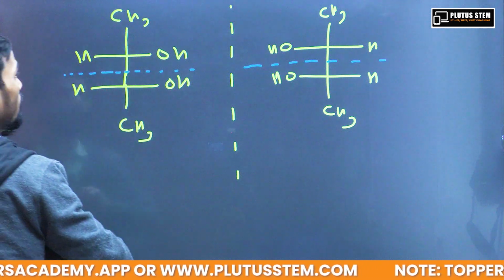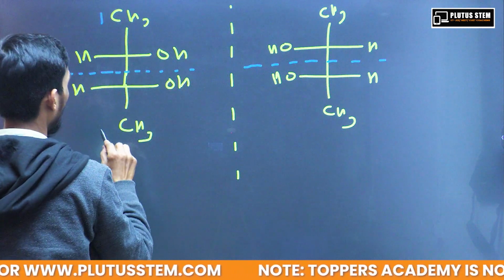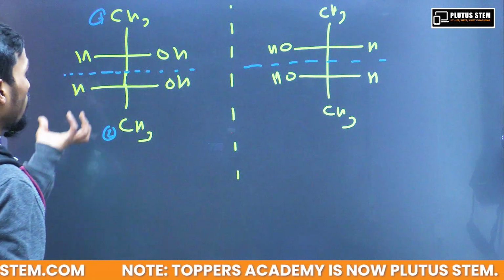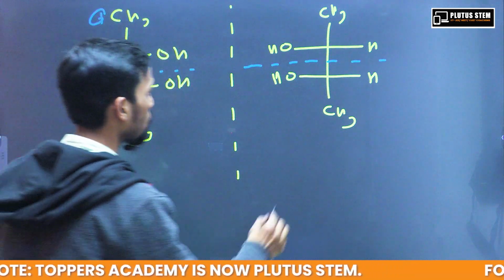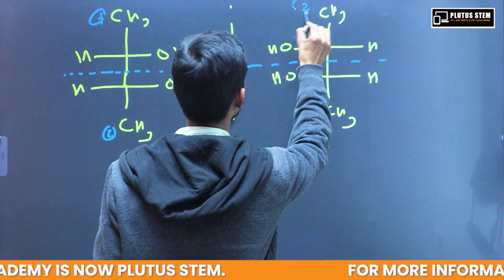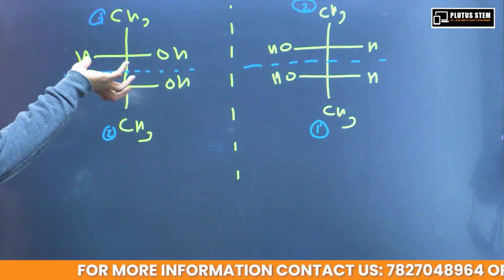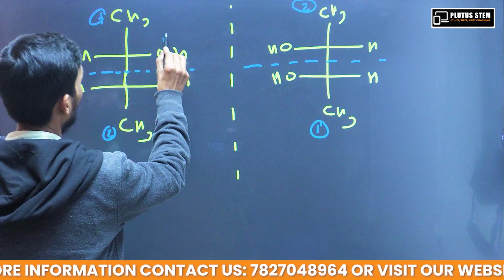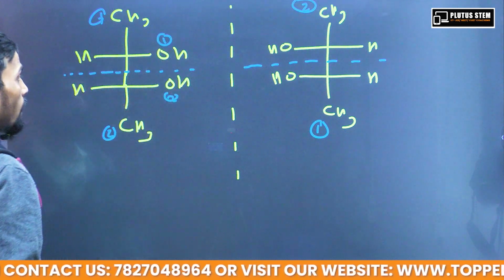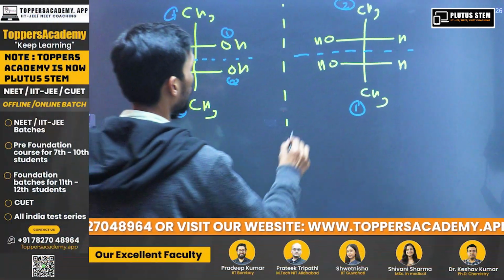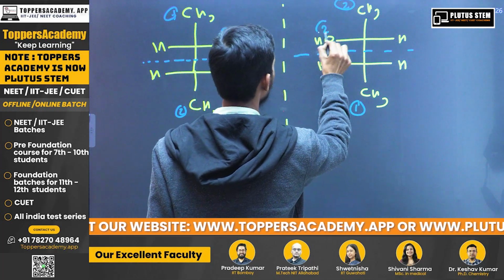Let's say this is CH3 1 and this is CH3 2. So they are rotating like this. So this CH3 comes over here as 1 and that is 2. In the same way, these two OH, say this is 1 and 2. After rotating from here, this is 1 and this is 2.